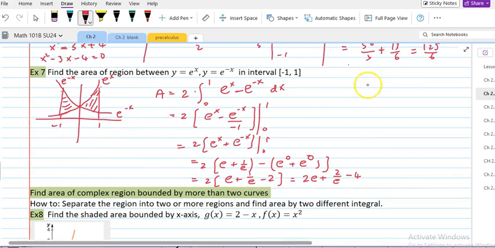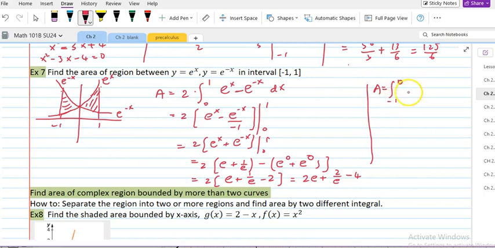So technically, if you're not sure that they're symmetrical, you can do from negative 1 to 0, e to the negative x minus e to the x, plus from 0 to 1, e to the x minus e to the negative x dx. If you do this, it should be the same as this one.